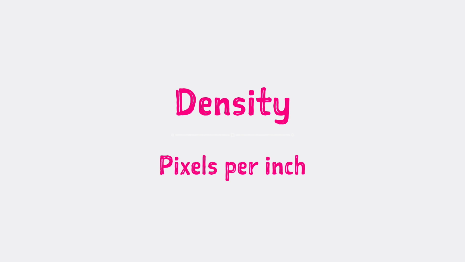So if we wanted to display the same image on a more dense screen, we would need to increase the number of pixels, in this case to 72 by 72.